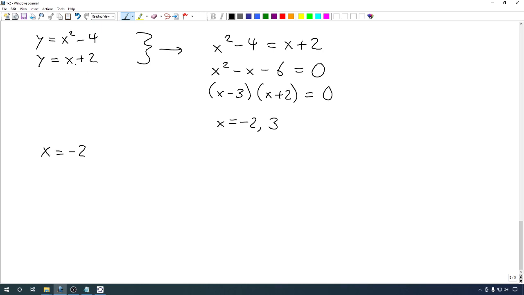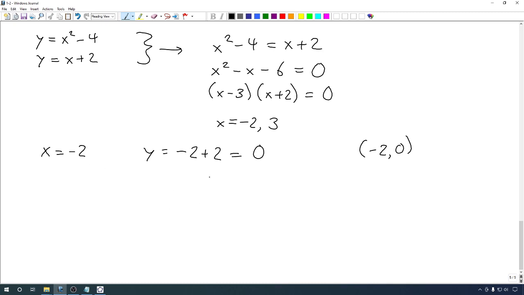I'm going to pick the simpler one, y equals x plus 2. So if x is equal to negative 2, I plug in negative 2 for that x. So negative 2 plus 2 gives me a 0. So we get the point negative 2, 0, that satisfies both these two equations.